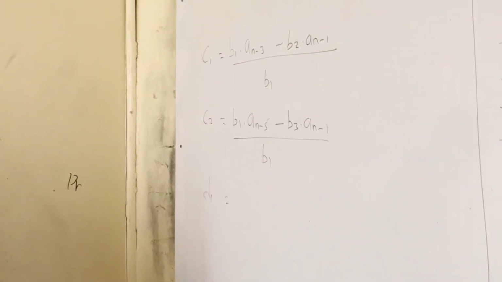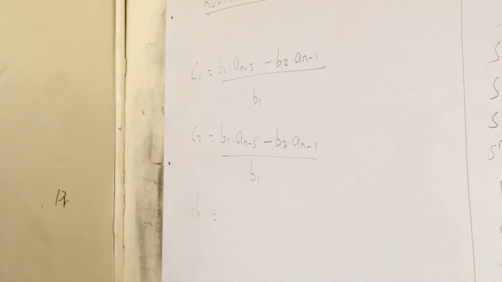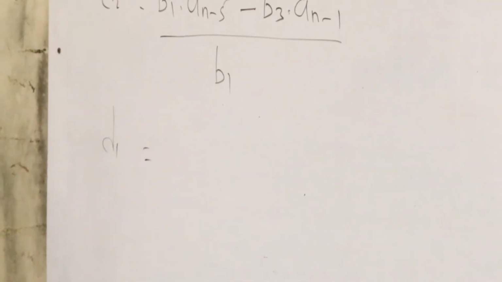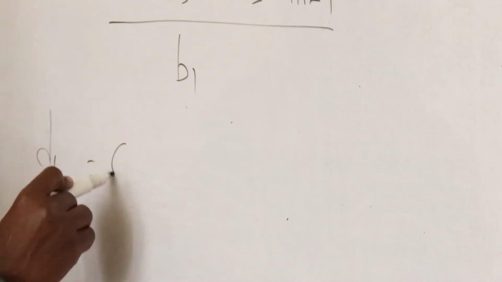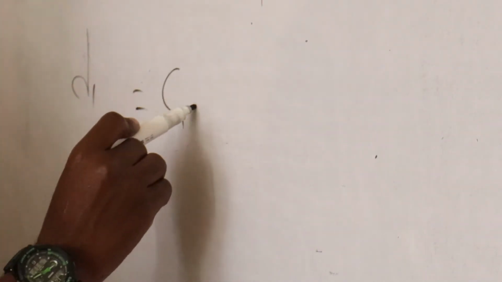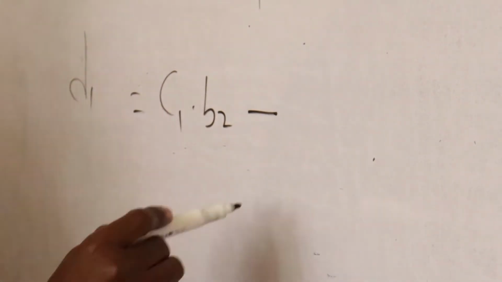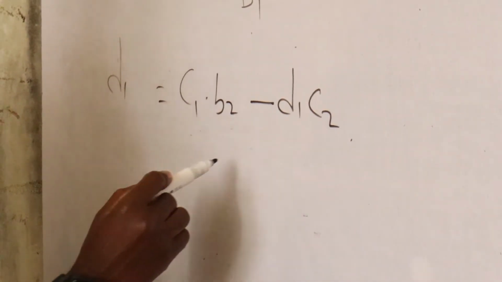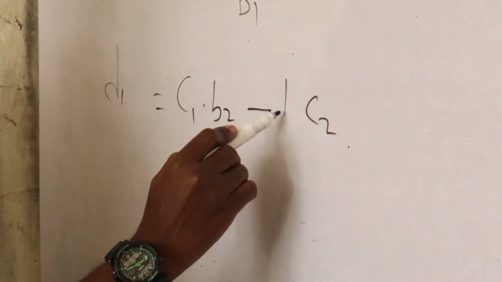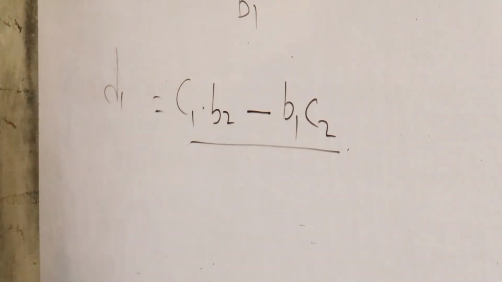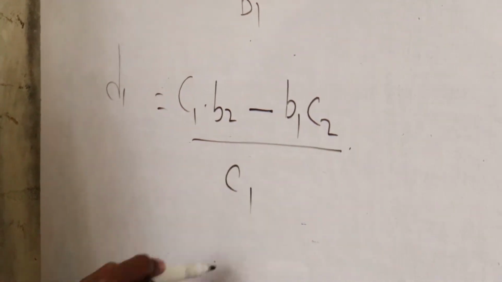So what do we say? I'm waiting for D1. D1 is C1, B2 minus D1, C2, B1, B1 C2 all over C1.